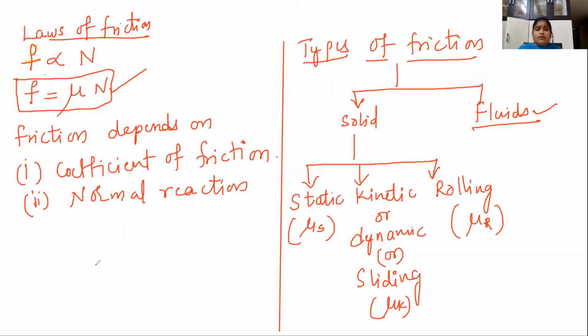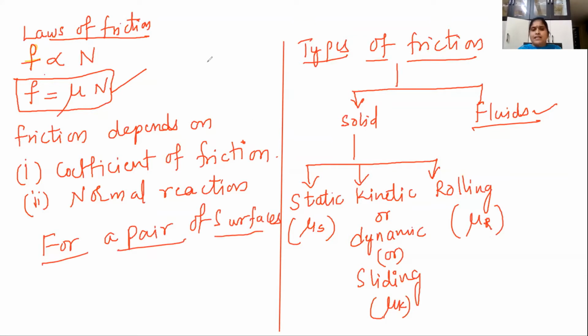Now take a pair of surfaces. For example, on a glass table, you put a plastic bowl or anything and start moving it on the glass table. Then there is friction caused between plastic and glass.